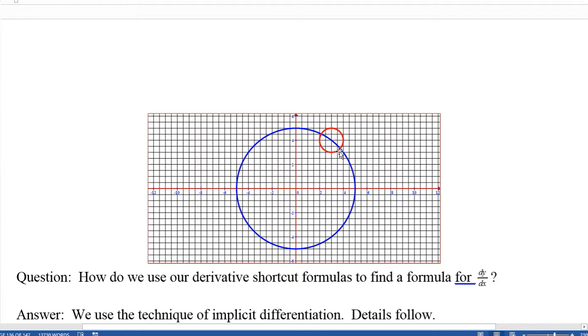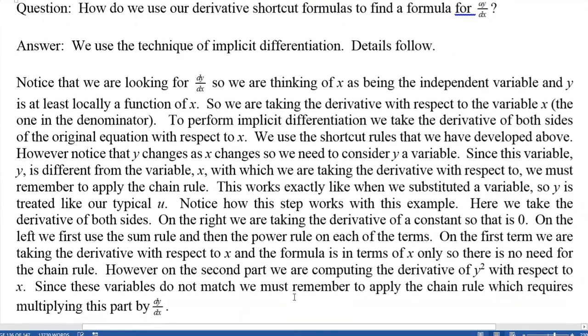So we would say that y is locally a function of x. Okay, so how do we use our derivative shortcut formulas to find dy over dx, and how do we use that to find, say, the slope of a tangent line to the curve, say right in here, for example? Well, the answer is we use the technique of implicit differentiation. Let's see what that means.